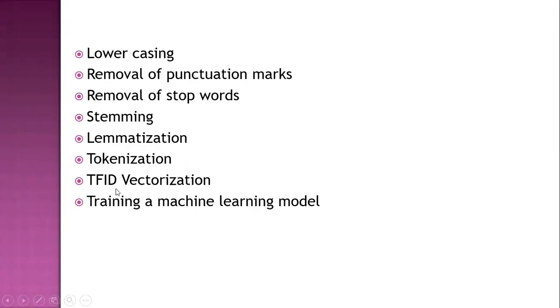These are the various methods involved in the processing of words or language. These include lowercasing, removal of punctuation marks, removal of stop words, stemming, lemmatization, tokenization, TF-IDF vectorization, and then training a machine learning model.